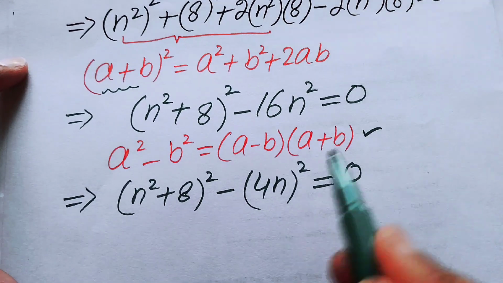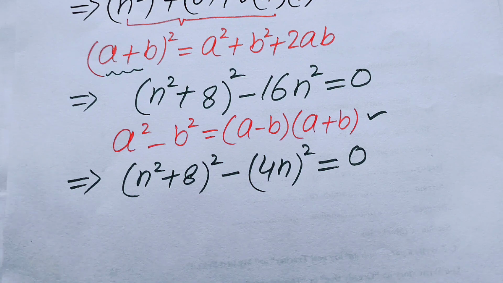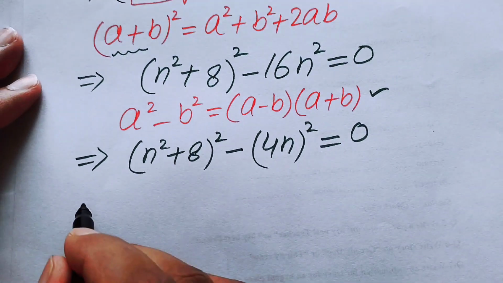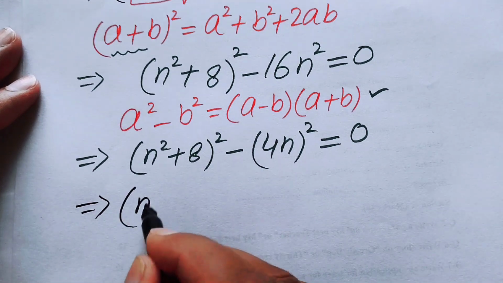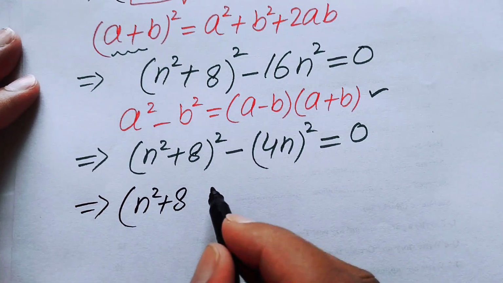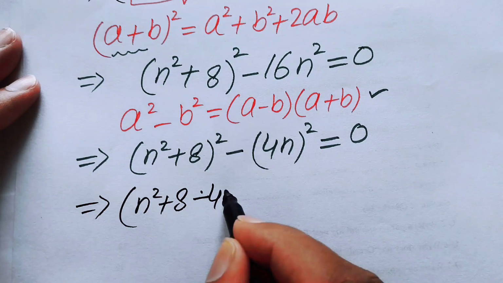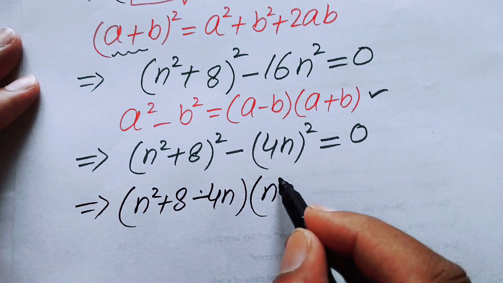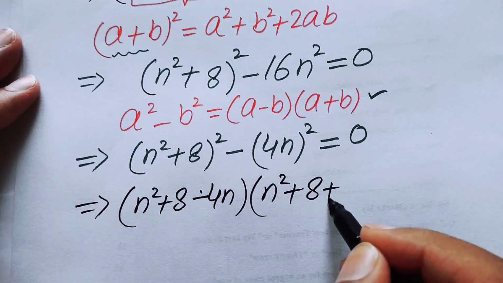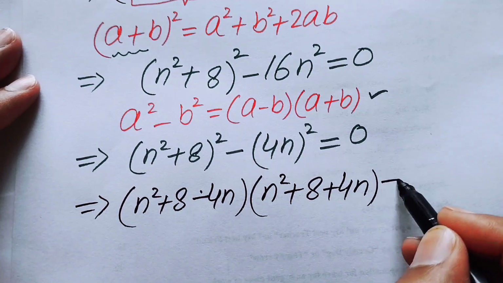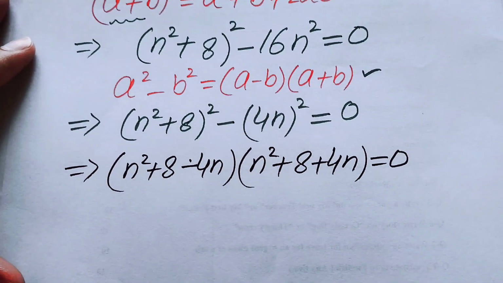Now you can apply this formula and you get its output in the form of n squared plus 8 minus 4n into n squared plus 8 plus 4n is equal to 0.